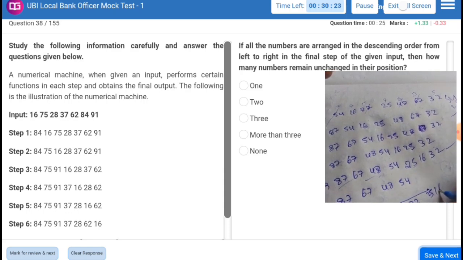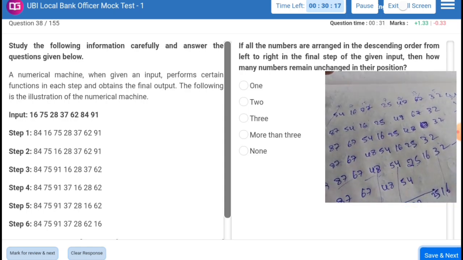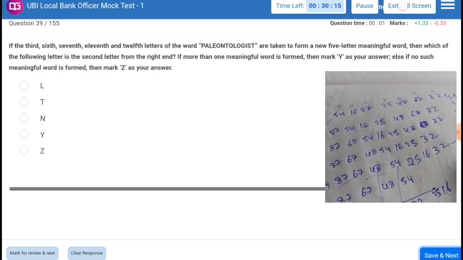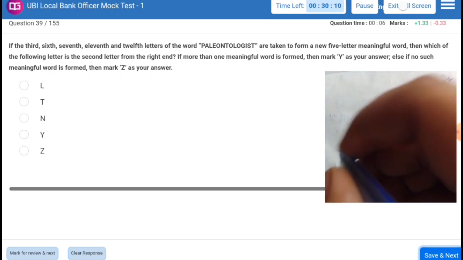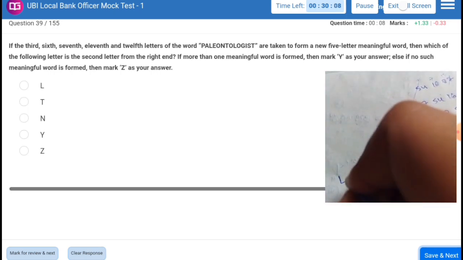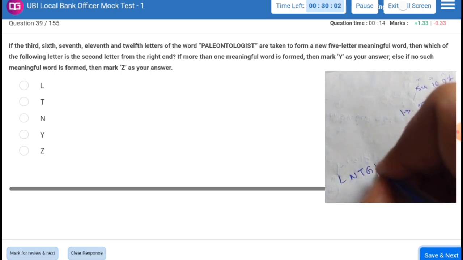How many numbers are unchanged their position? So 2 numbers. Third, sixth, seventh. 3, 6, 9, 10, 11, 12th.